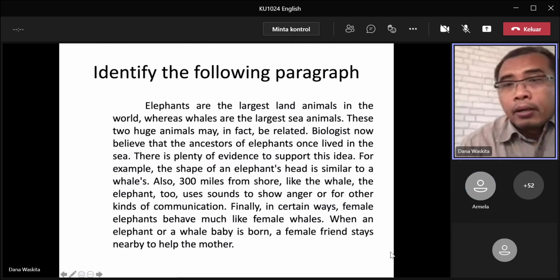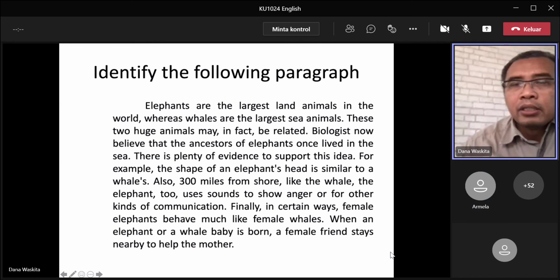Maybe the second sentence can give a clue: these two huge animals may in fact be related. By replacing these with the appropriate reference, elephants and whales, we get: elephants and whales may be related.